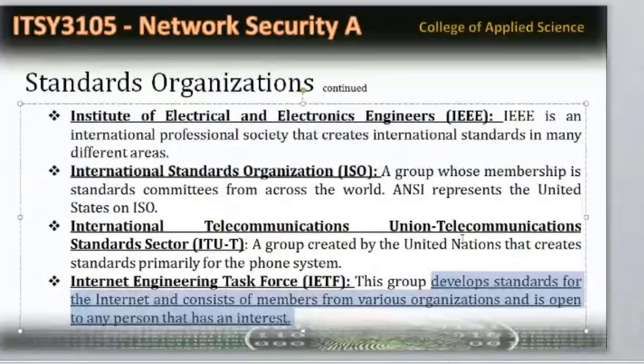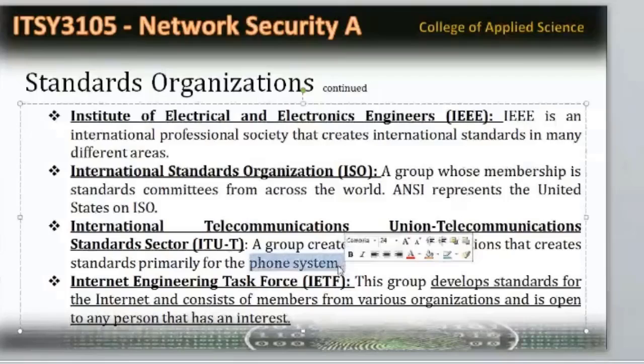Then ITU-T is completely based on communication. This is a group created by the United Nations that creates standards primarily for the phone system and communication system, like cables and communication protocols. So there are so many things they take up.